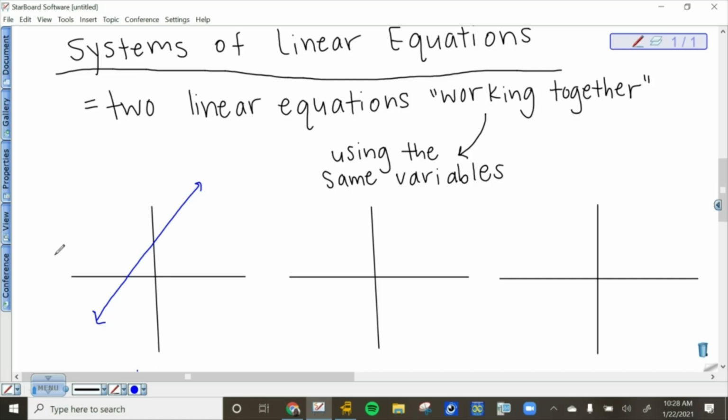We've been looking at just one linear equation at a time, like this one, or like this one. And now we're going to be looking at systems of equations. So that means that we look at both of them at the same time.